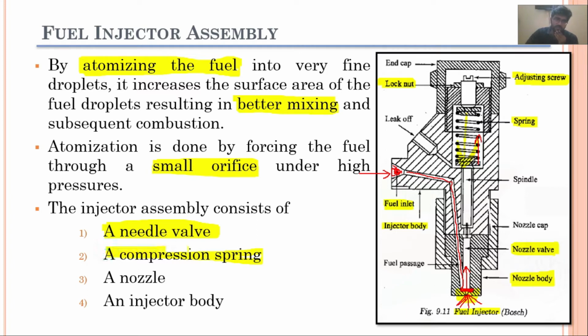So these are the compression springs. Then we have a nozzle which is atomizing the fuel, and an injector body. So these are the four components which a fuel injector comprises of.